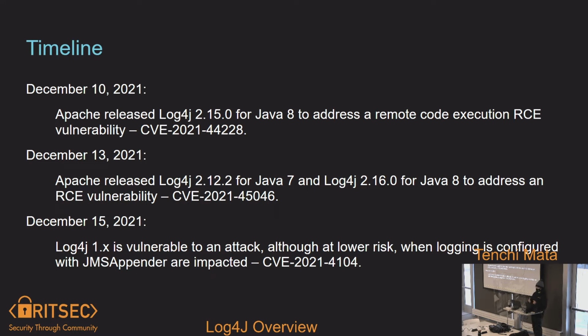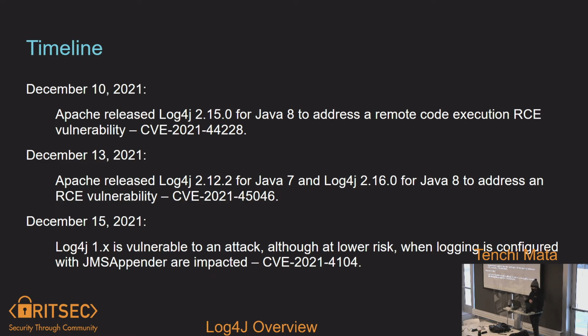Of course, in early December, Log4j was found, and an official article by John Hammond was released about Log4j and being able to execute arbitrary commands as a proof of concept. Then there was another vulnerability that allowed denial of service attacks against the Log4j logging module, and they addressed that.